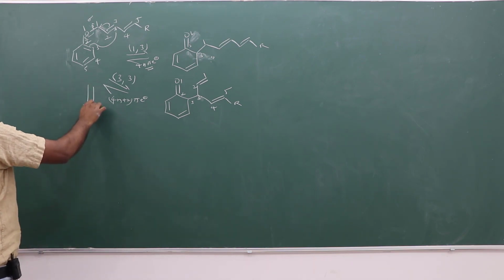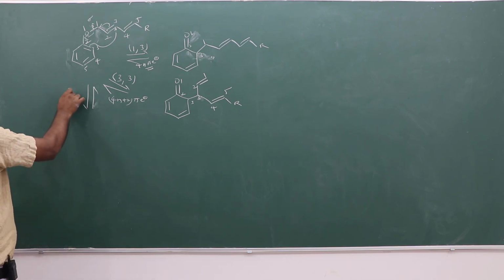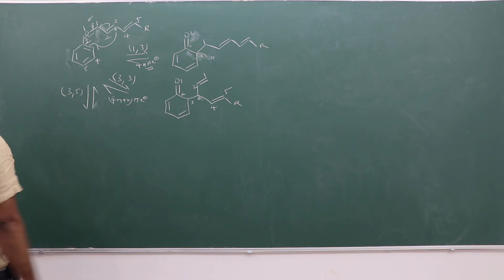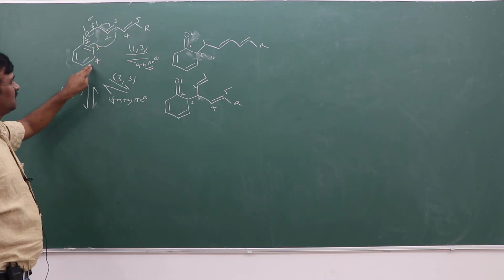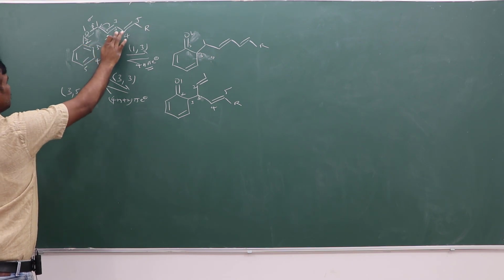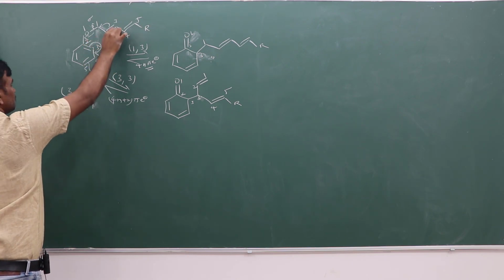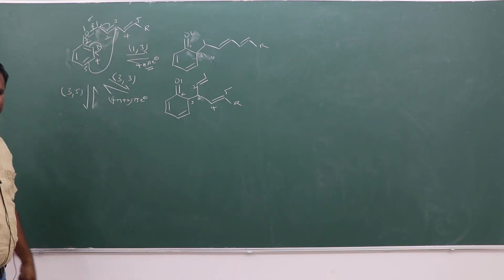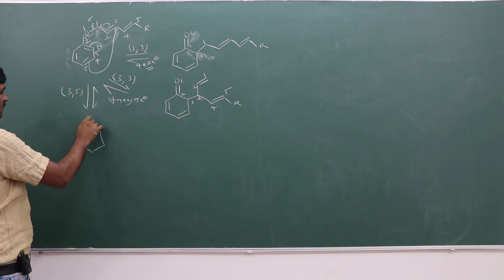Suppose here a 3-5 sigmatropic shift. This is 3 and this is the 5th position, 3-5 sigmatropic shift. Like this. So what will happen? The 3-5 sigmatropic shift takes place.